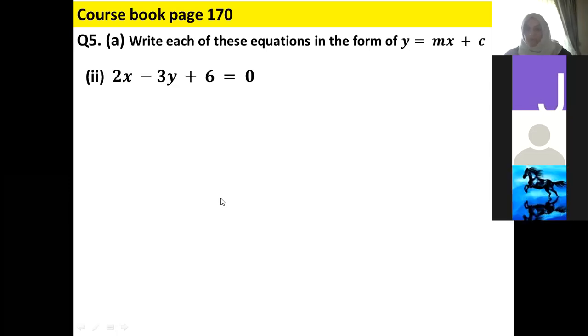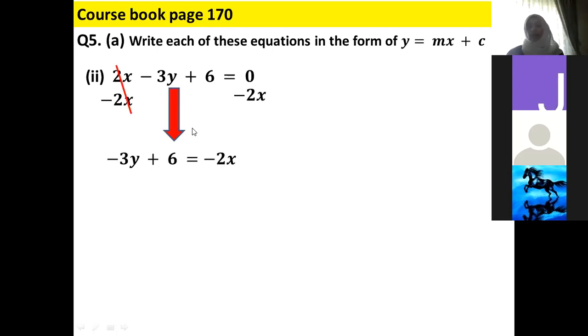Teacher, we will move the 2x. It will be 2x minus 2x. What do I have? Negative 3y plus 6 plus x equals negative 2x. Then we will subtract 6 from both sides. So negative 3y equals negative 2x minus x.